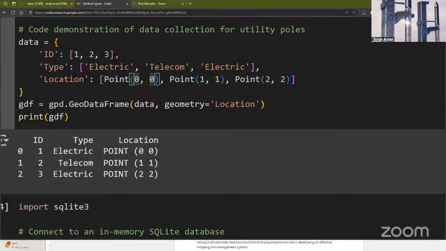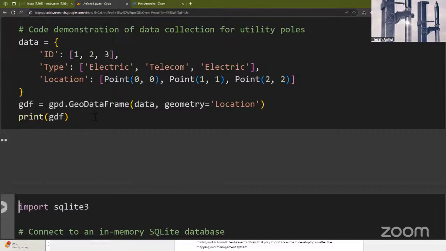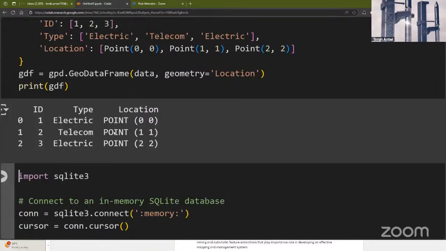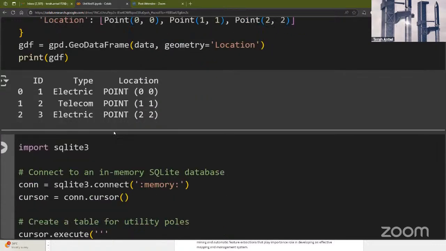So we ID them in numeric because often when we want to apply them in analytics, text doesn't do you any favor. So you always have to transform them to numeric. We run this, and we have a nice table that shows the data that we have collected.